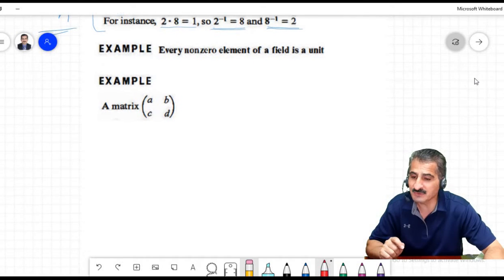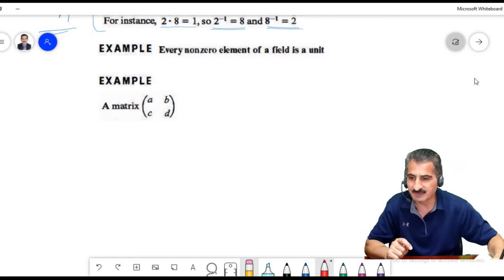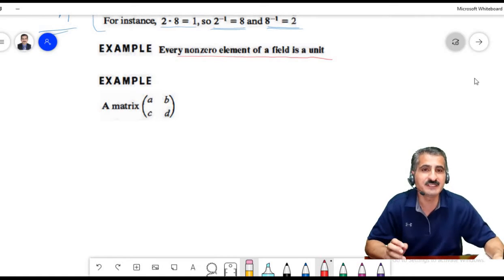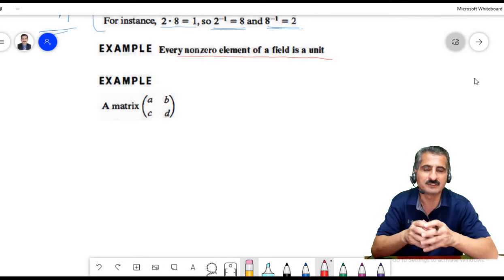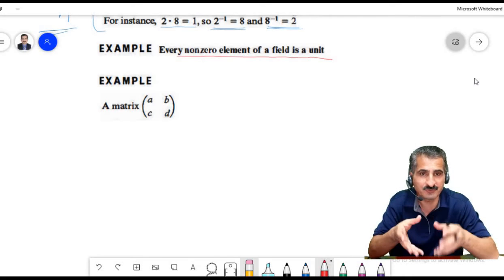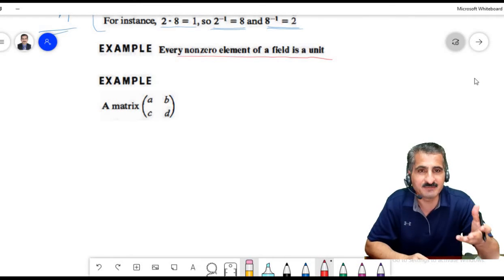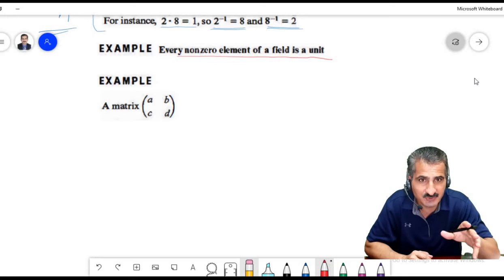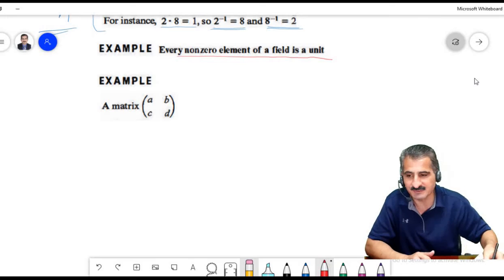Now let's see an example. Is every non-zero element in a field a unit? Do you agree? Every non-zero element in a field is a unit, because of how we define a field. Let's recall it: it is a commutative ring with identity such that every non-zero element in it has a multiplicative inverse.